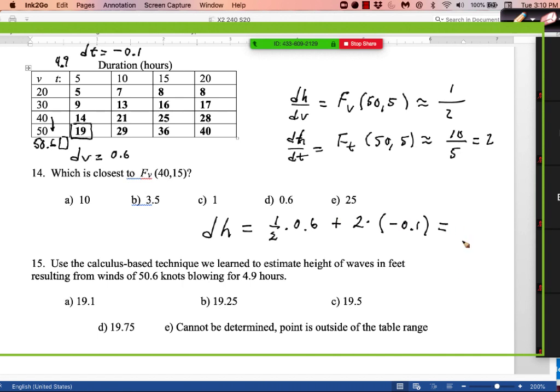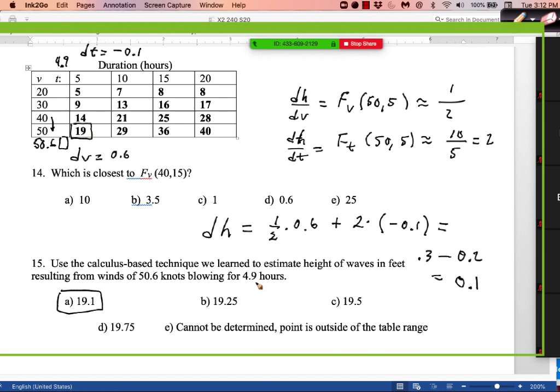So this will be 0.3 minus 0.2. Our overall change in height is positive 0.1. And if we're at 19, then the new height is approximately 19.1. Okay, questions on that one?